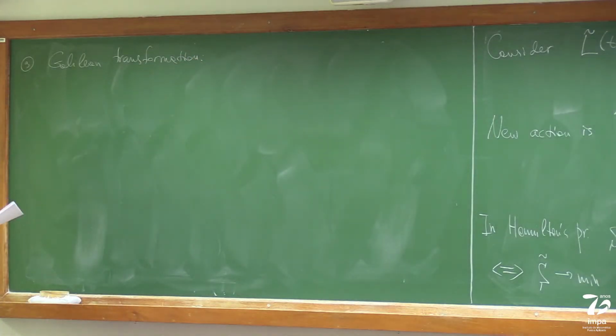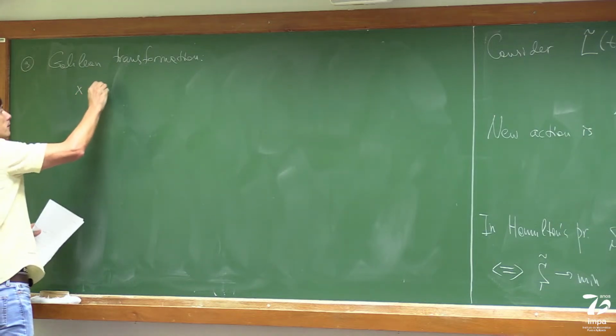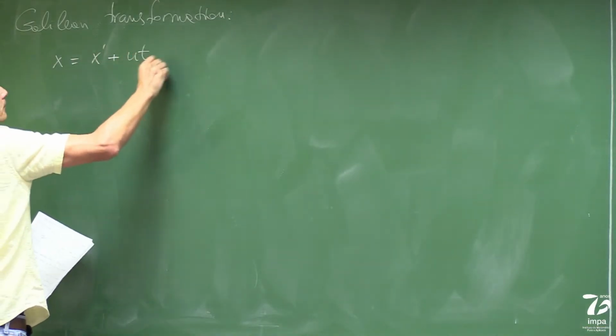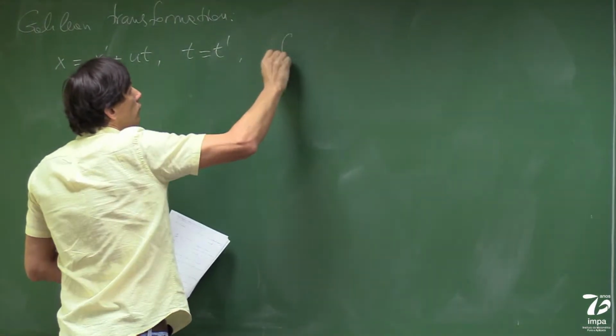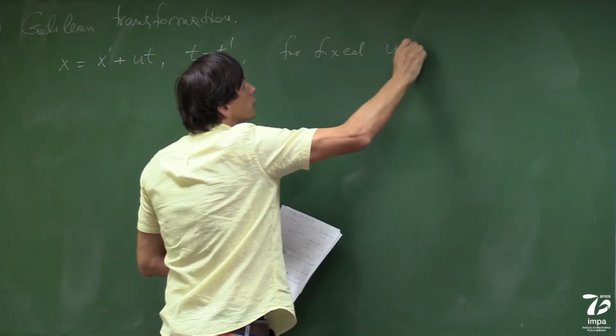This is a transformation which has a particular form where you add to x prime u t, you don't change time, and u is a fixed vector.